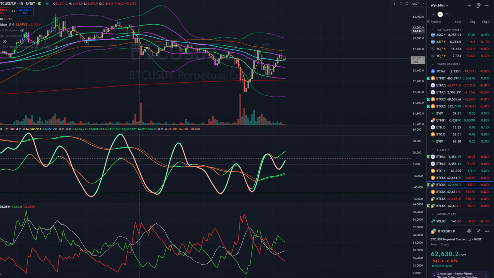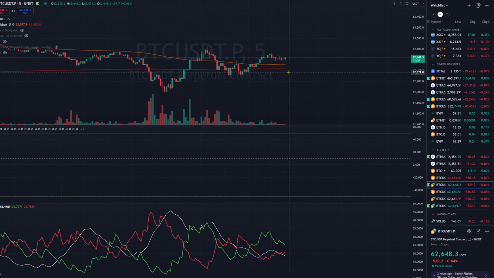Let's have a quick look at the 5-minute. Just that's a really strong sort of level for the 15-minute to get follow through. So 5-minute could be a bit flip-floppy.